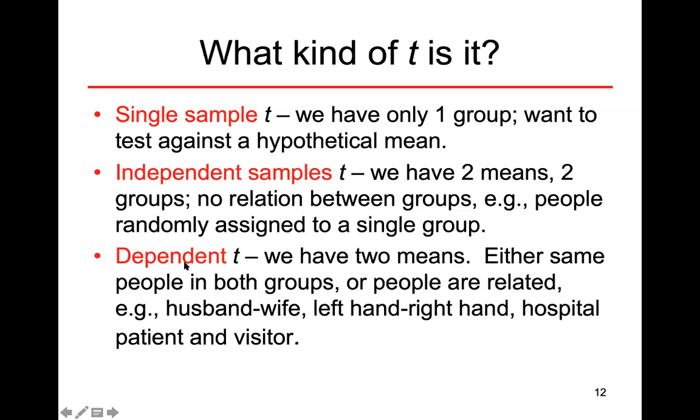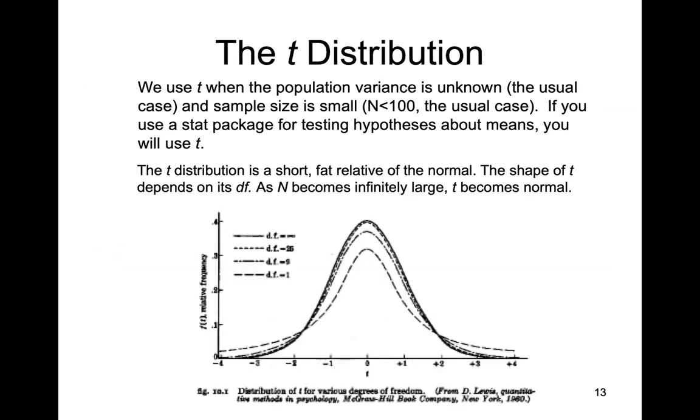In dependent t, we will have 2 means, either the same people in both groups or people who are related, such as twins, husband and wife, left and right hand, hospital patient and visitor, those kind of related stuff, okay? So we talked about them before.